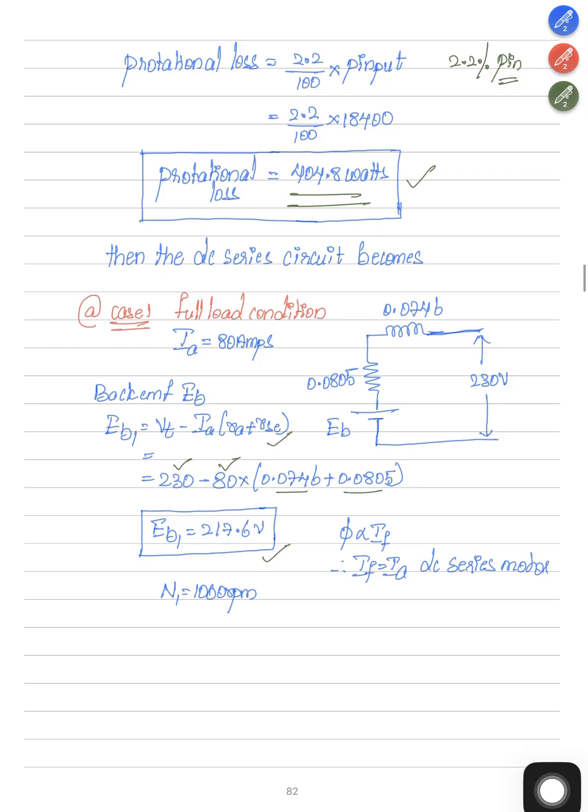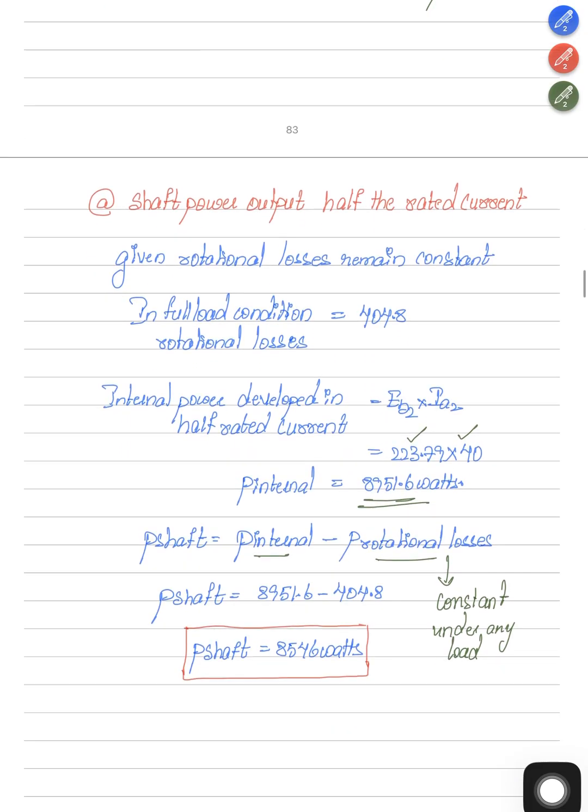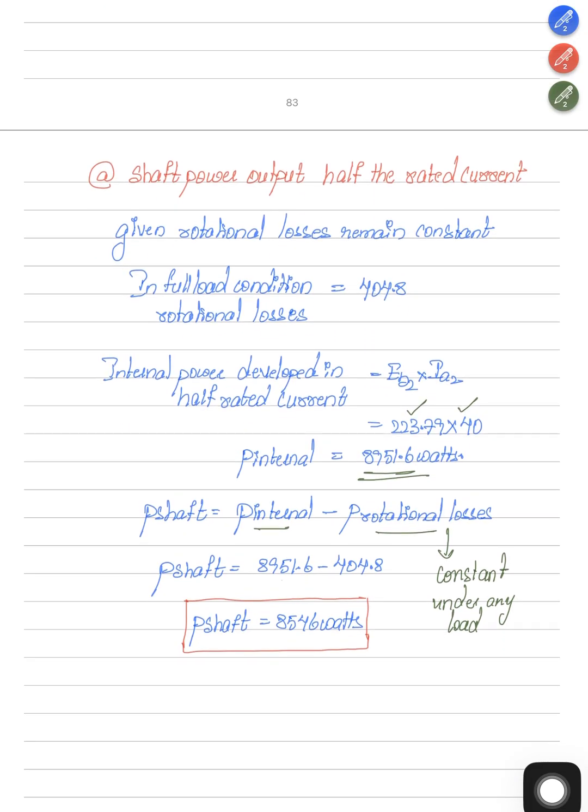By subtracting this P rotational losses from P internal, we can find shaft power. Here the shaft power is P internal minus P rotational. By substituting the values here, I found the shaft power is 8546 watts.